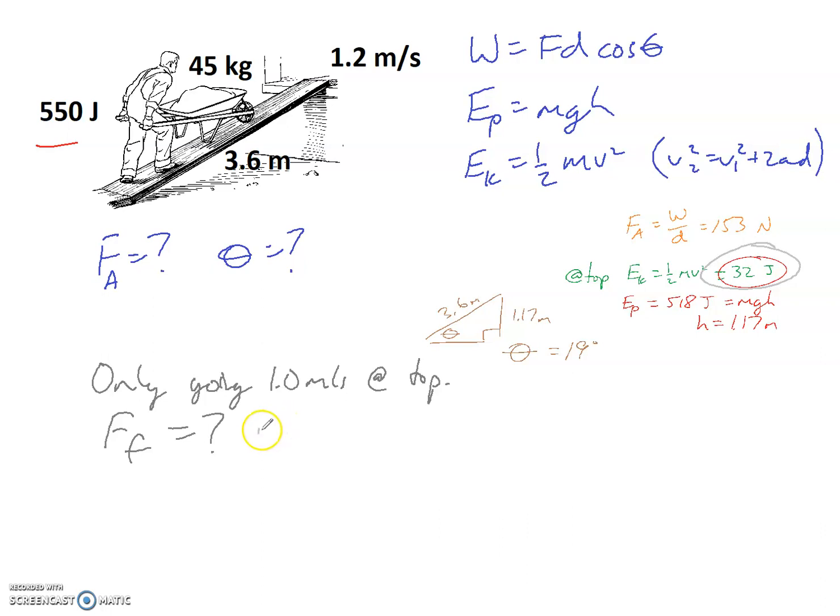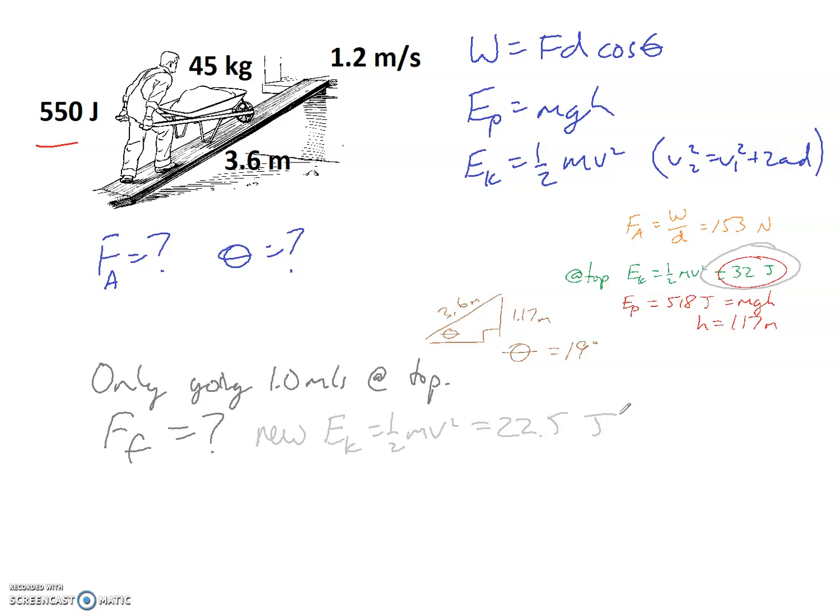So if I do the same type of calculation, new kinetic energy, 1/2 mv squared, my kinetic energy at the top from a slower speed is going to be about 22.5 joules.